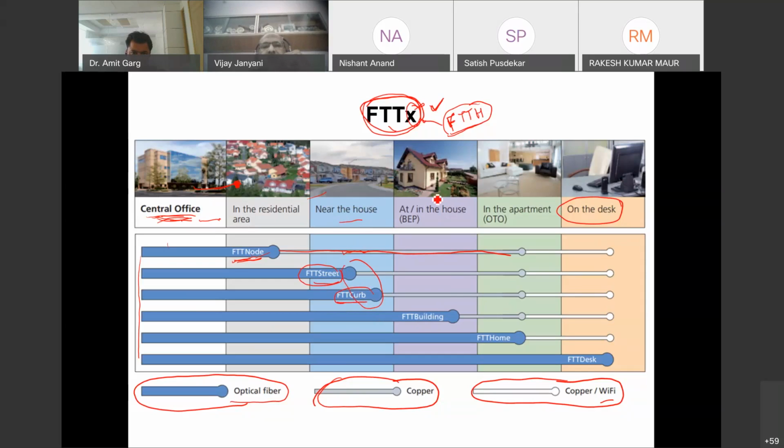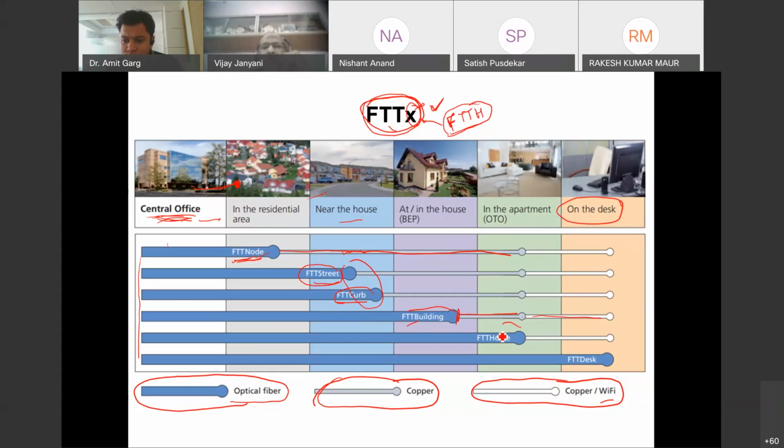Let us say you have a big building with 50 houses. The fiber is coming to the building, and from the drop box or connection box, you are taking a copper connection into the houses, and then Wi-Fi also.